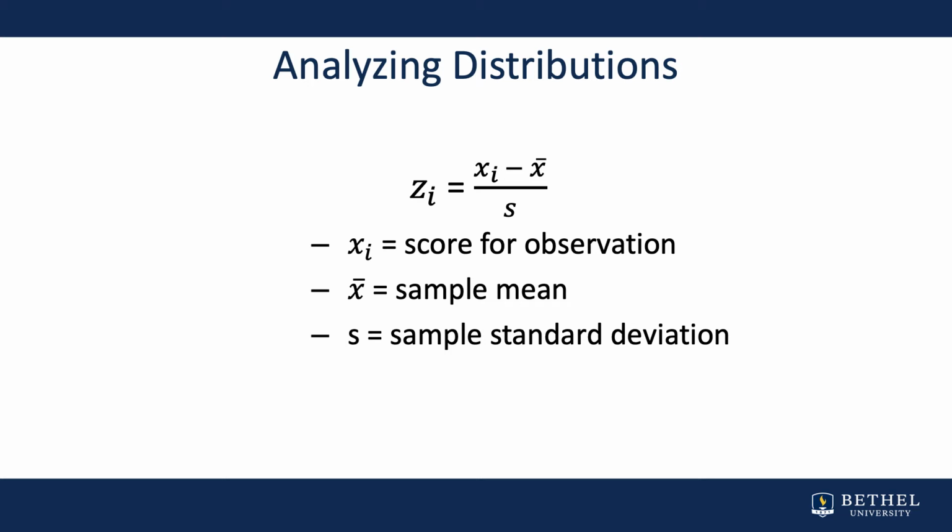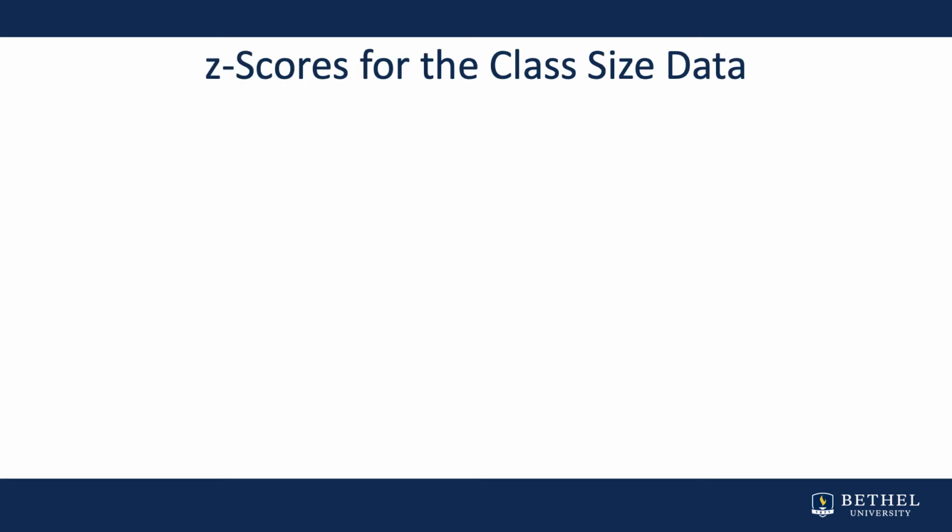You would basically take z, and that would be equal to the observation, which is x sub i, minus the mean, which is the x with the line over it, divided by the standard deviation. Table 2.13 helps us with figuring out z-scores for the class size data. Remember the example where we had a class size of 46, 46, 42, 54, and 32?